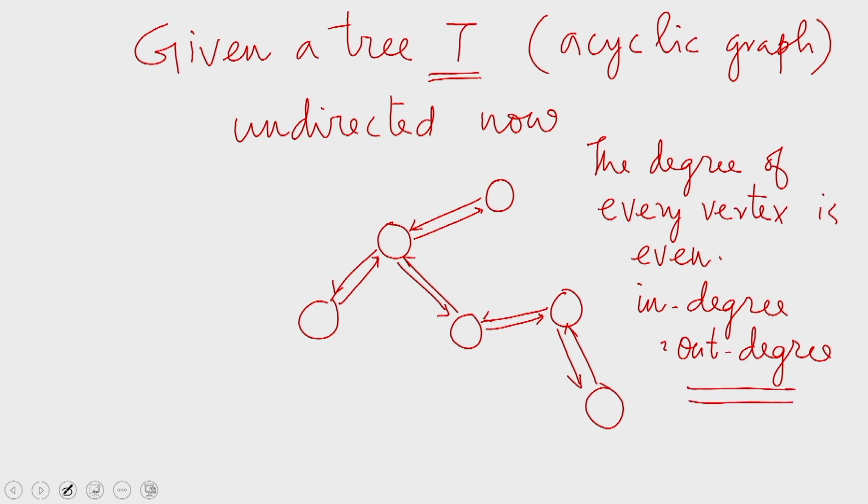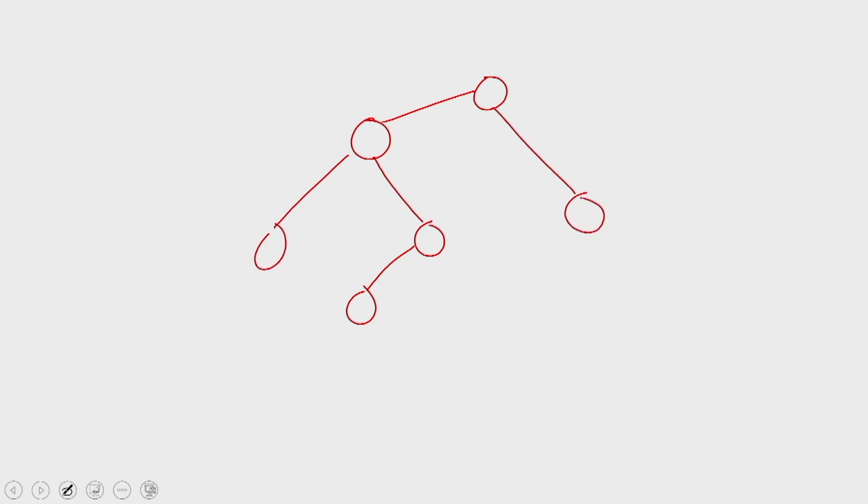Therefore, the resultant graph is now Euler. An undirected tree converted into a directed graph in this fashion will give us an Euler graph. Therefore, we can find an Euler circuit of this. What I mean by an Euler circuit of such a tree is this. We can traverse the tree in this fashion.